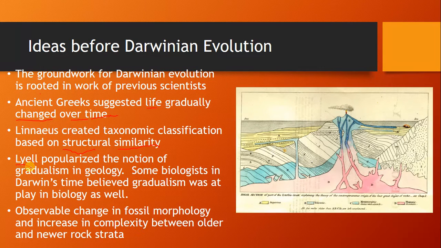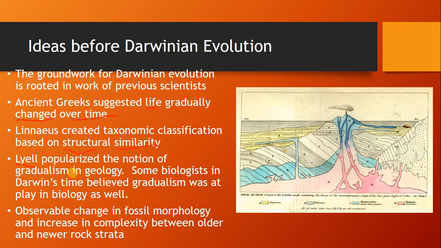A geologist called Lyell, who wrote Principles of Geology, a really important book, popularized the idea of gradualism. Gradualism means that geological processes are continually occurring at a slow rate, and they cause the geological features on the Earth.